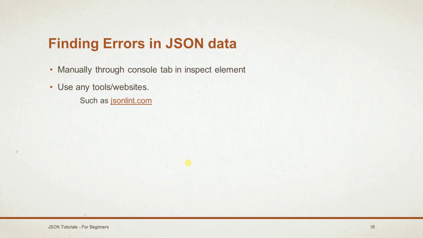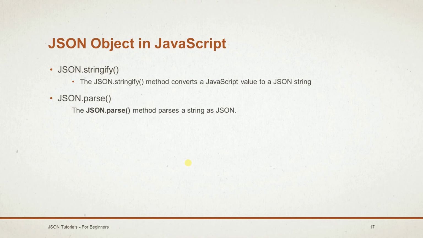For finding the error, we can use the console tab in the inspect element, or we can use any tools and websites such as JSONLint. JSON.stringify method will convert our JSON data into a string, and JSON.parse method will convert our string data into JSON.